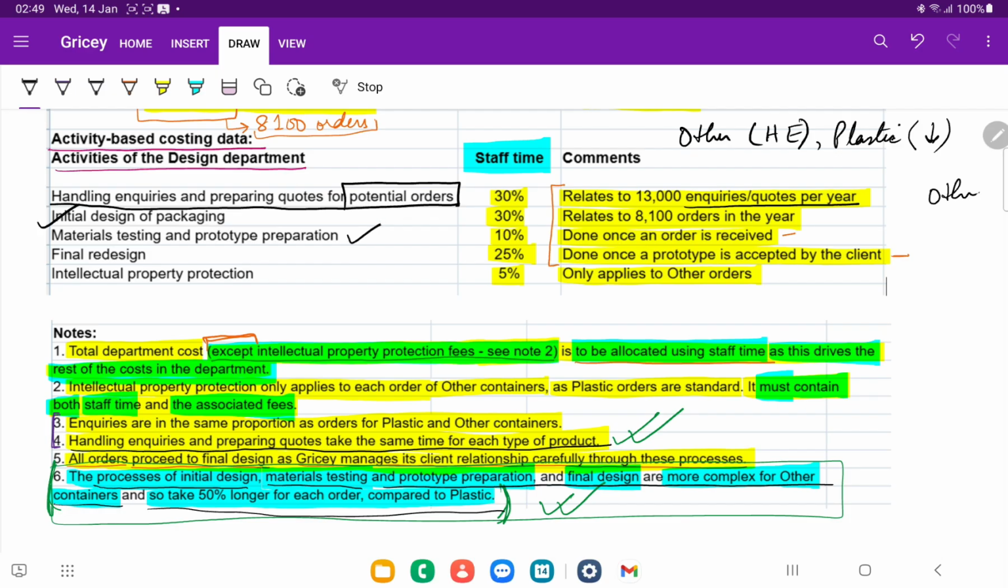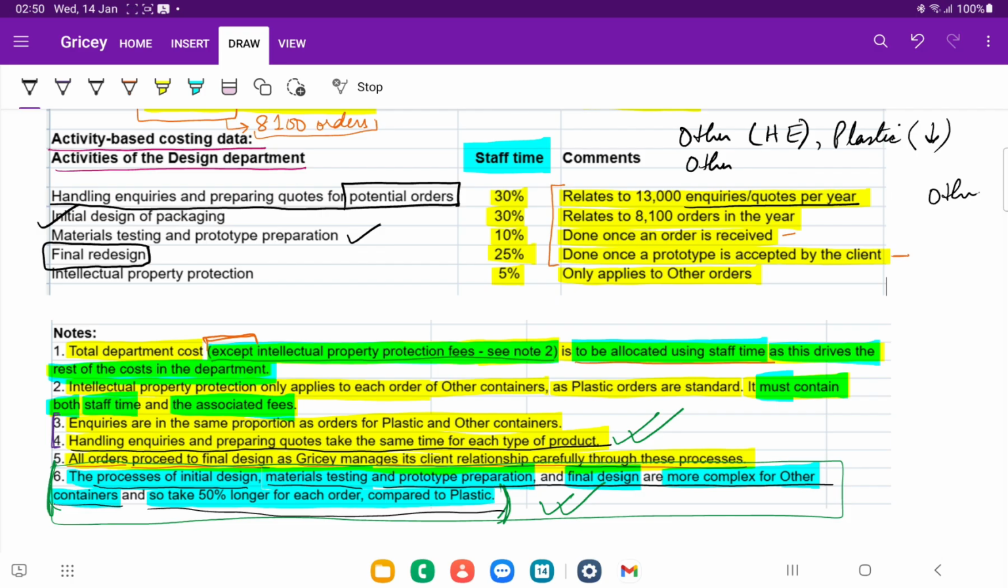Final redesign. Now final redesign is something which can be a debatable activity, because again, final redesign can be something which is required for the other product, right? Because other product are customized. So once we send our design to the customers, the prototype design to the customer, maybe customer wants some other things to be improved.